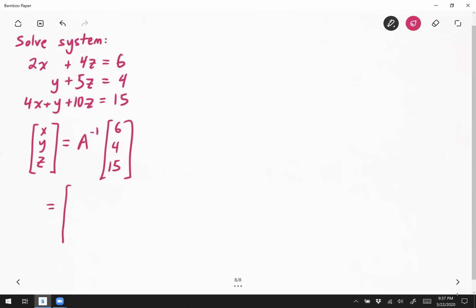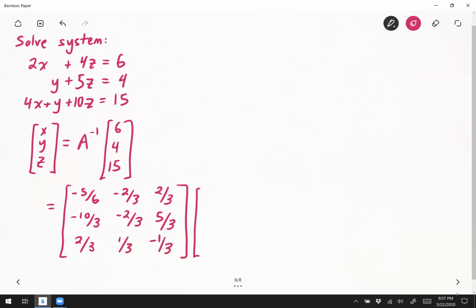And A inverse, we recently calculated to be negative 5/6, negative 2/3, 2/3, negative 10/3, negative 2/3, 5/3, 2/3, 1/3, negative 1/3. Times 6, 4, 15.